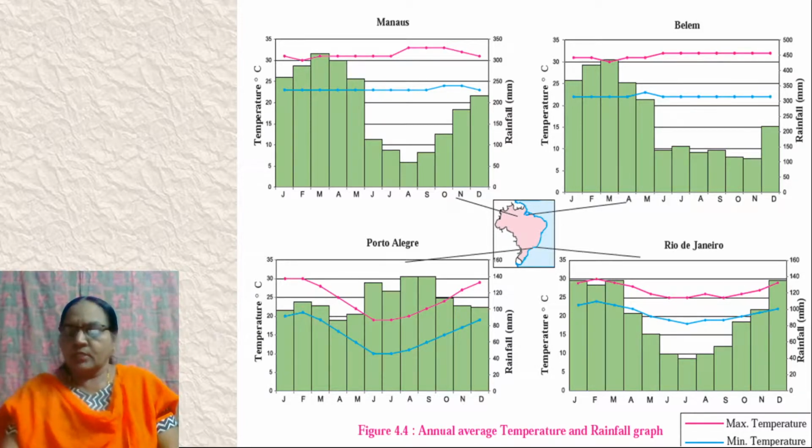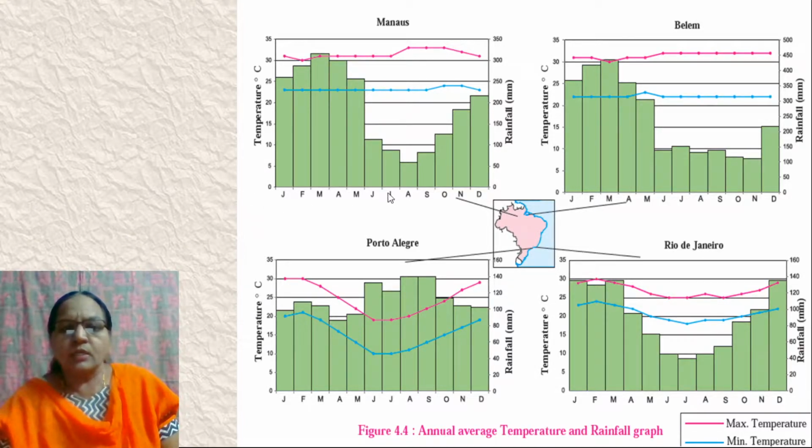So I'll take Manaus now. On your x-axis we have the months plotted, and on the y-axis on the left hand side we have the temperature.